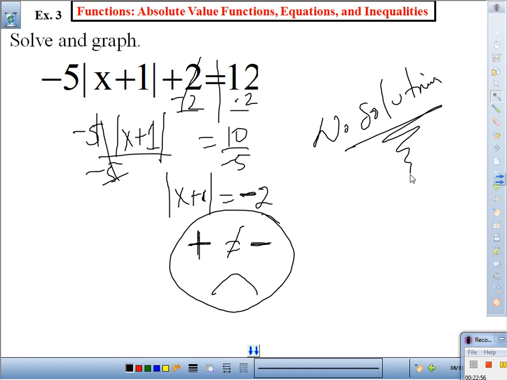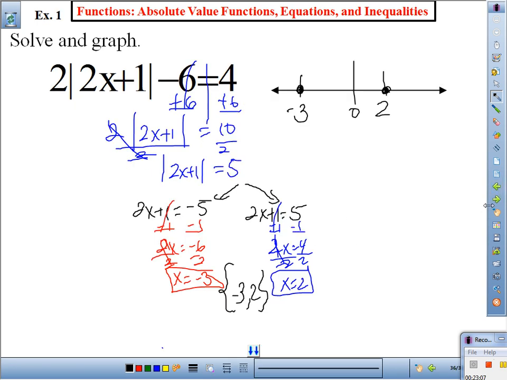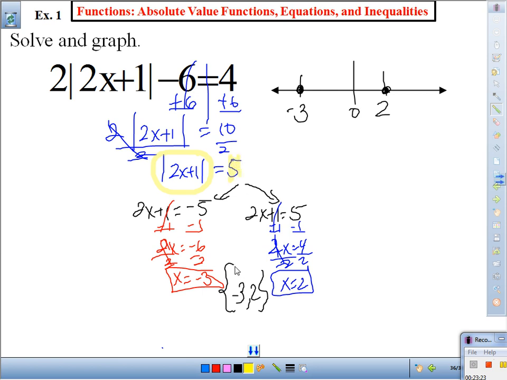Does everybody hear? Yeah? All right. So let's recap what we saw over the weekend. Who noticed, look up please, that after we simplified and left the absolute value by itself, it was equal to a positive number? You guys see that? How many solutions did we get? 2.